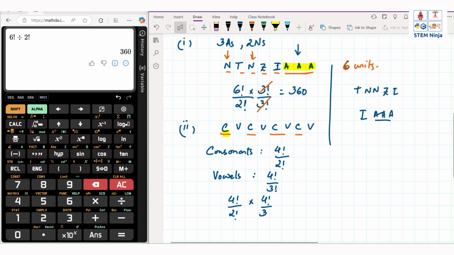This is not an OR case, this is an AND event, happening at the same time. So 4 factorial divided by 2 factorial times 4 factorial divided by 3 factorial. So we get 48.